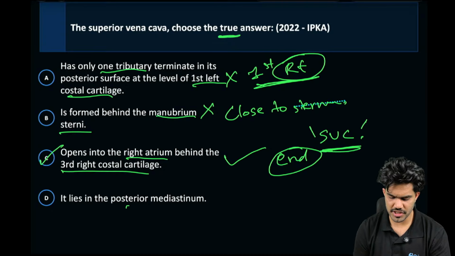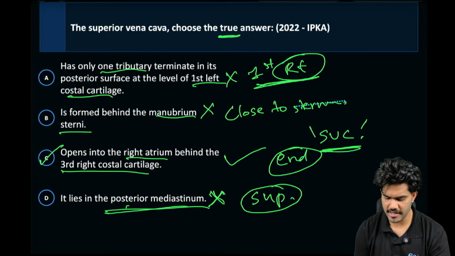It lies in the posterior mediastinum? See, where does the superior vena cava lie? In the superior mediastinum mainly.